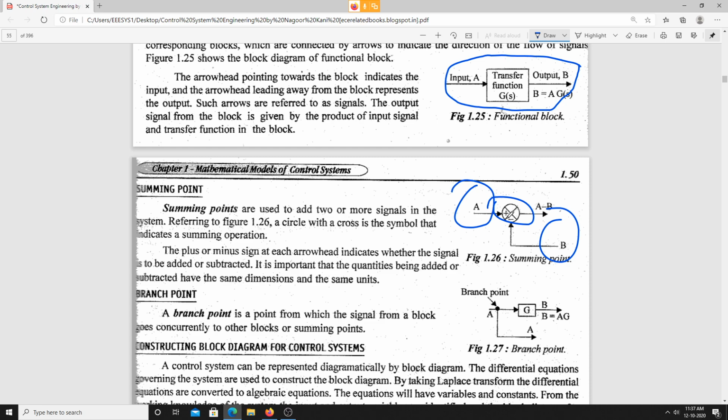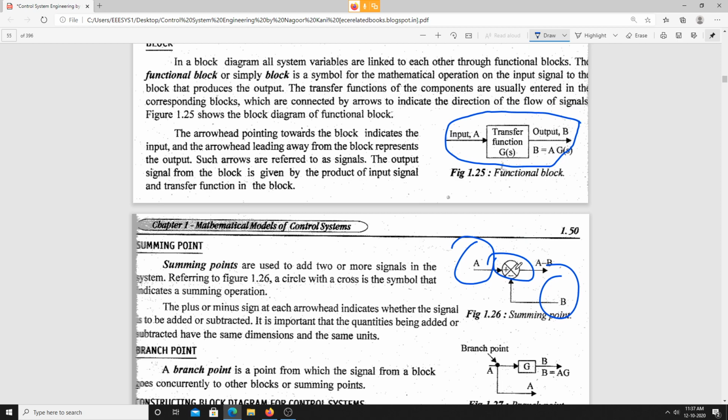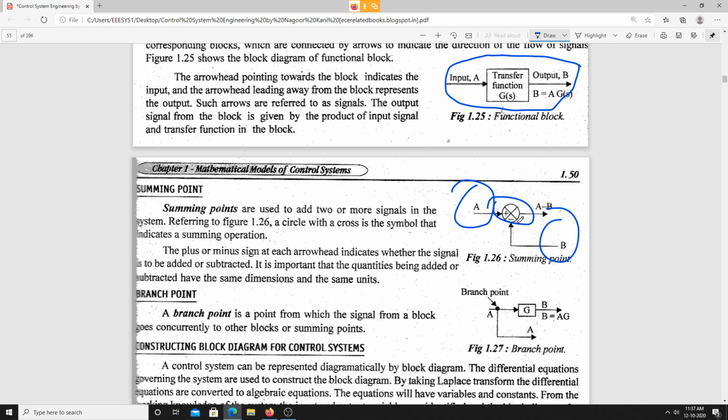Based on the plus and minus signs, if we have plus and plus, I can add, and otherwise I can subtract, based on the positive or negative sign at the reference. Here we have a negative sign, so I get A minus B, where A is one signal and B is another.